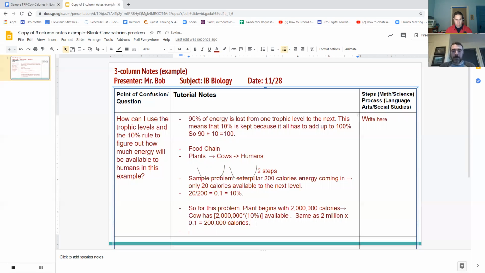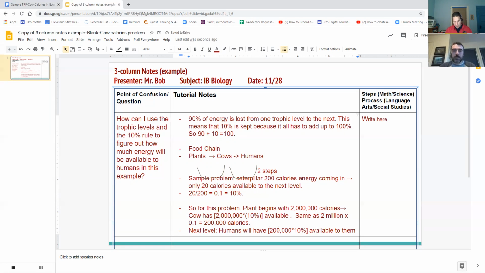Okay, so then I could say for the next level, humans will have 200,000 times 10% available to them.